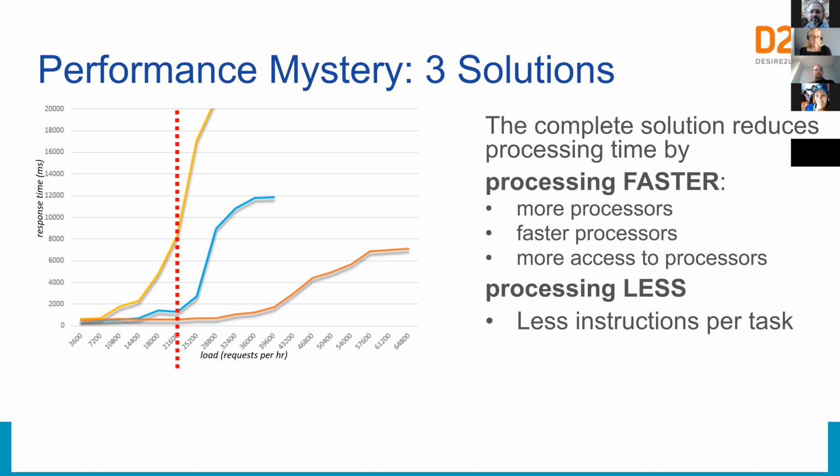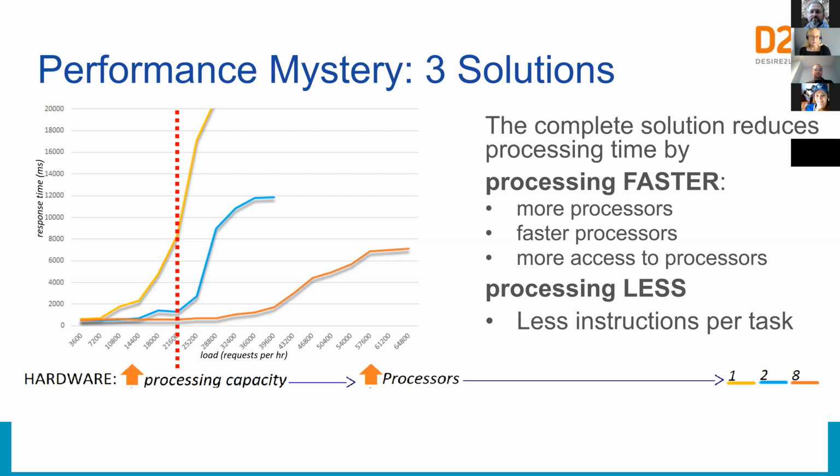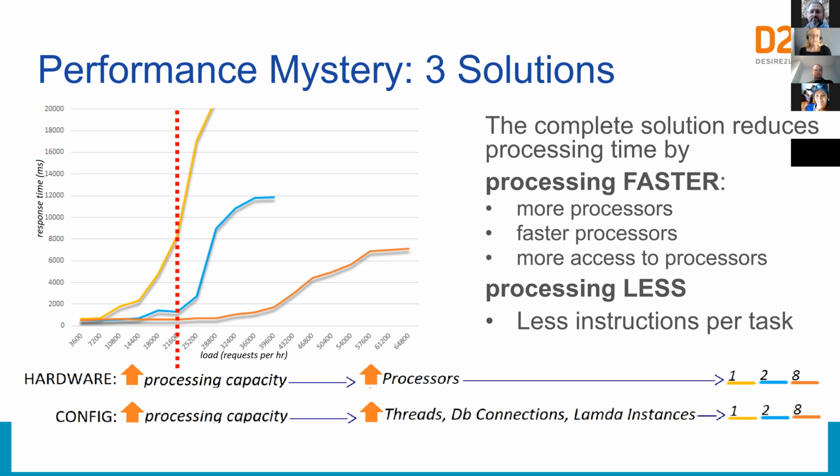As seen previously, we can increase processing capacity by increasing processor count, size, or speed, and that aligns with increasing from 1 to 2 to 8 processors. Or we can configure to increase processing capacity, for instance, by increasing thread count, DB connections, or Lambda instances.